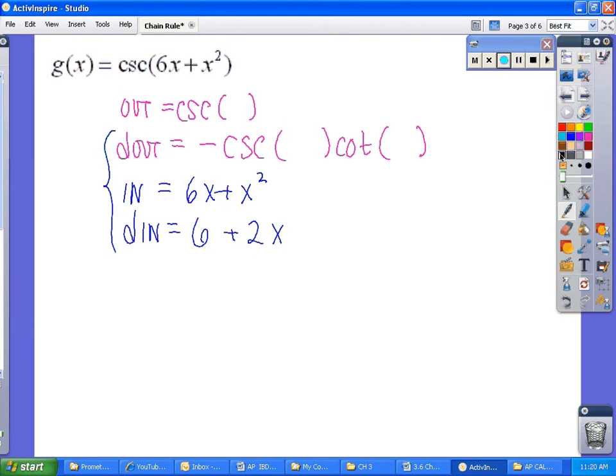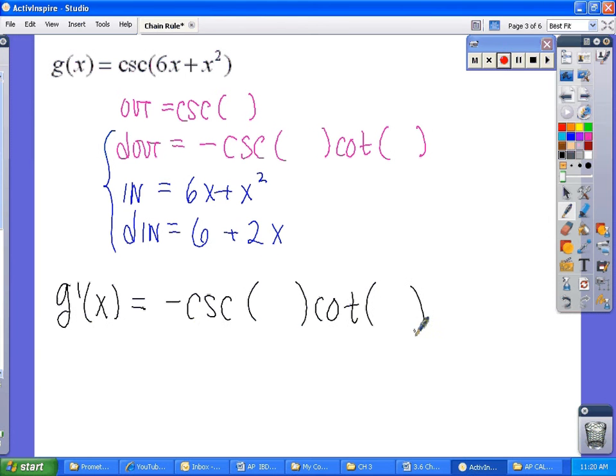The derivative of my outside, leave my inside exactly the same as I saw it before, multiply by the derivative of my inside, which is 6 plus 2x. Yes, you have to have these parentheses because that whole thing is being multiplied.